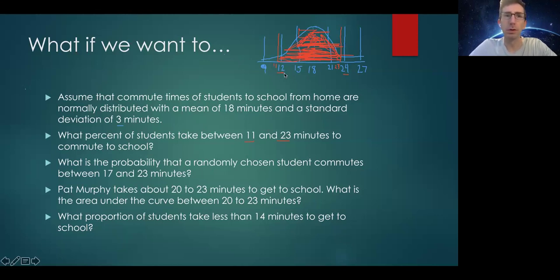Our empirical rule tells us the percent of data that lies specifically between standard deviations of our normal distribution. So we could answer a question like the percent of students that take between 12 and 24 minutes, but that's not the question, right?